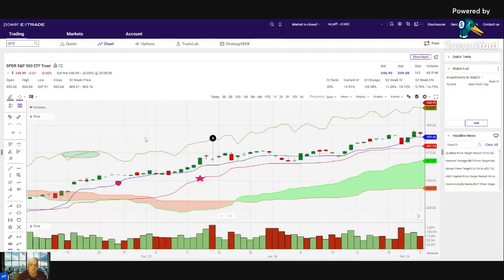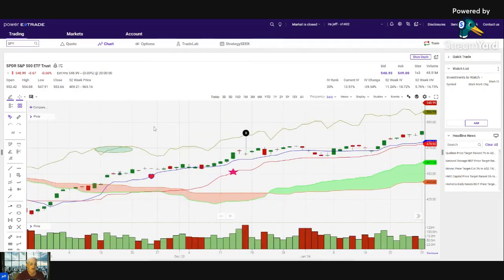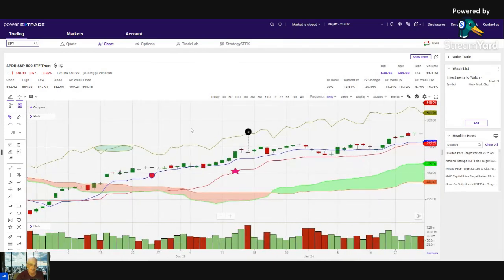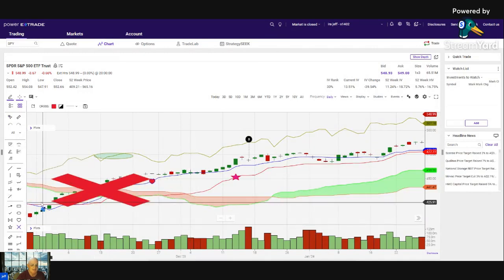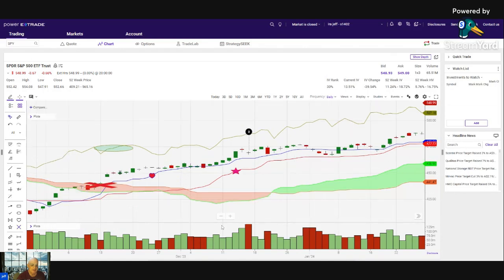So let me show you an entry I would have gotten in on the SPY, the S&P 500. This is back in time, but it's still a good example. Notice over here, I put some stars on it, and this is the entry. The price was in the cloud over here, even though the cloud is red.